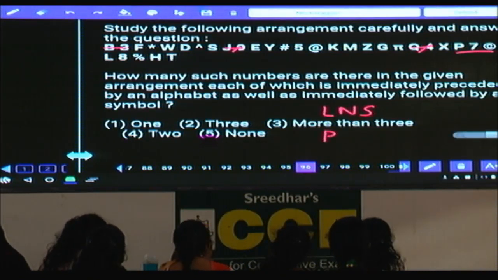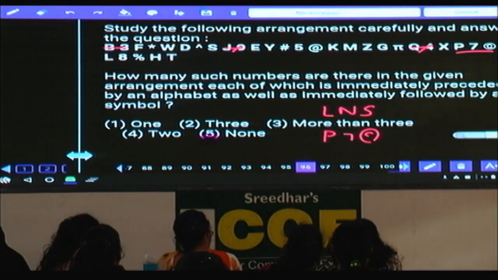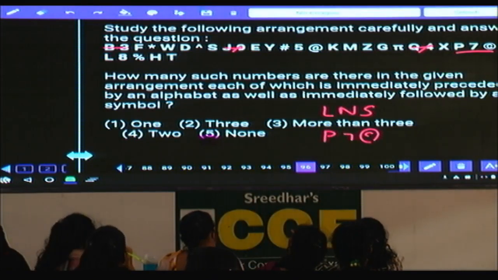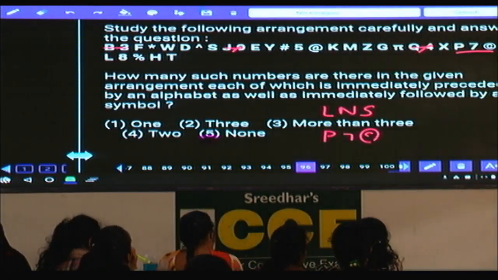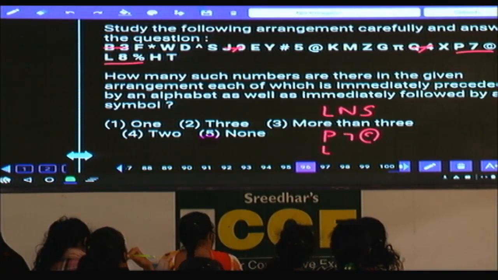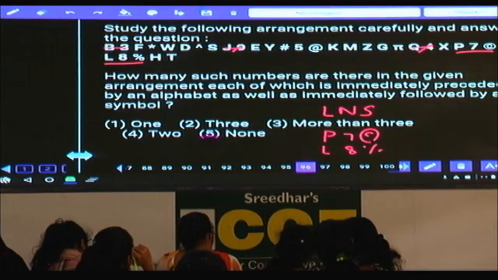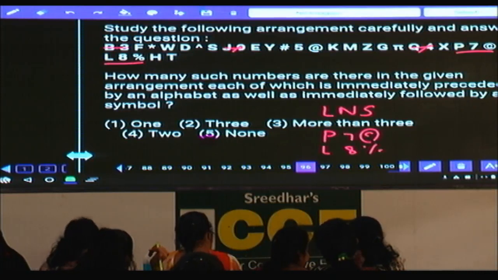P is a letter, 7 is a number, and copyright is a symbol. Another one: L is the letter, 8 is the number, and percentage is the symbol. So how many do we have? Altogether we have 2. 2, that is choice 4.